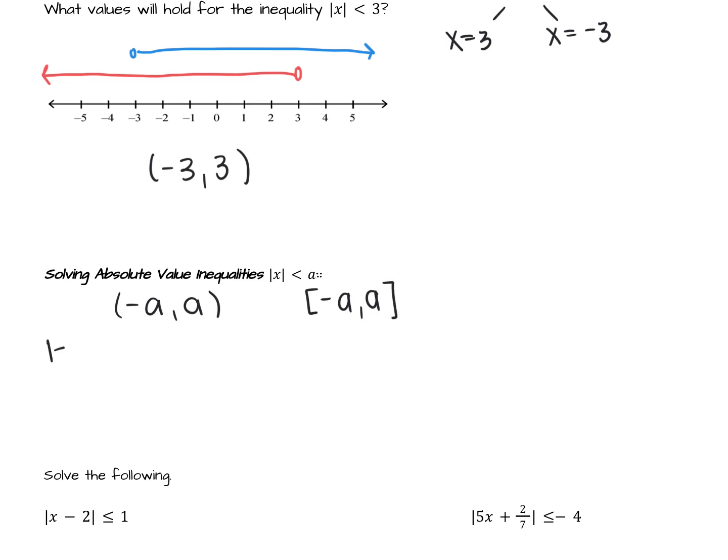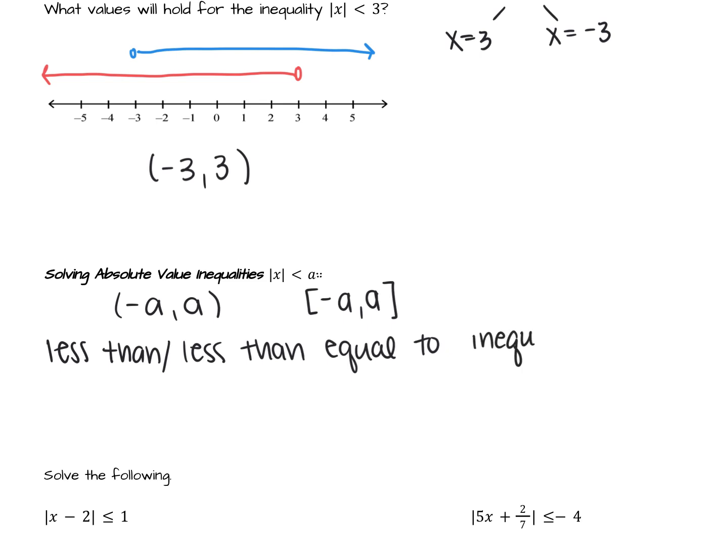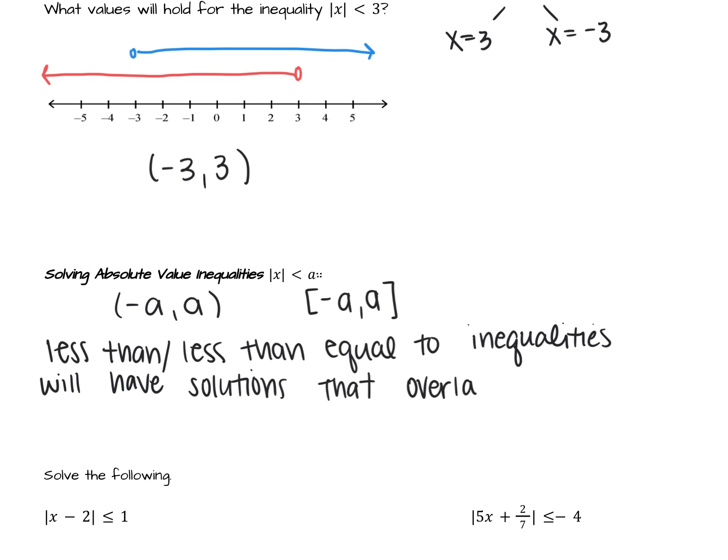Less than or equal to inequalities will have solutions that overlap on a number line.